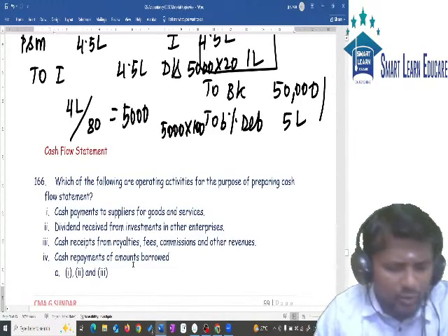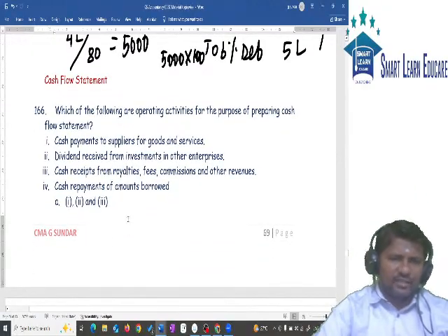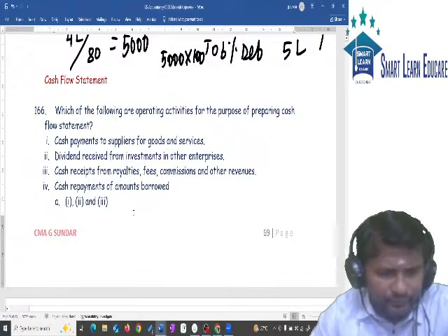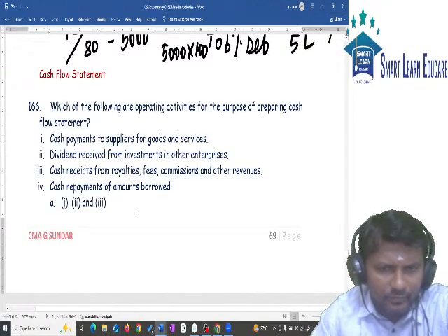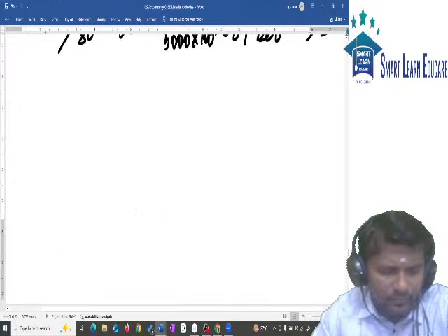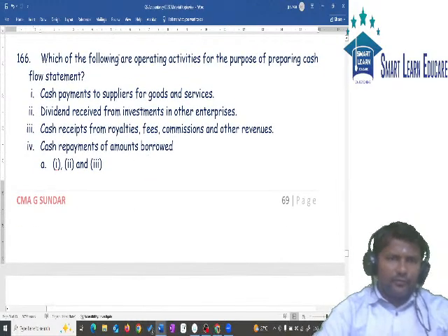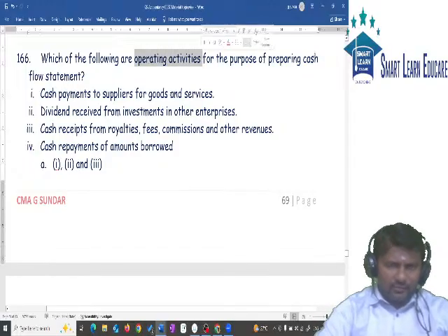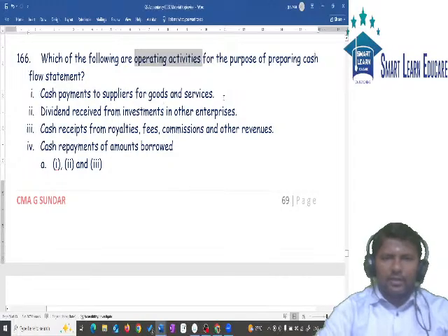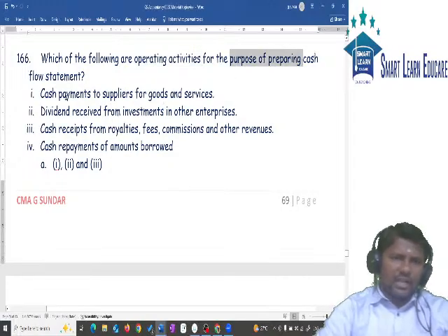Take question number 167. Which of the following is an operating activity for the purpose of preparing cash flow statement?